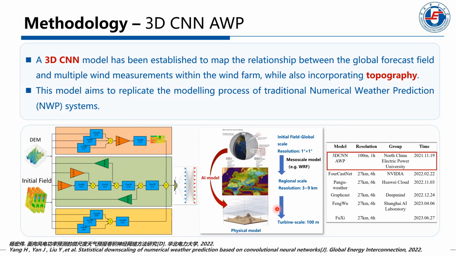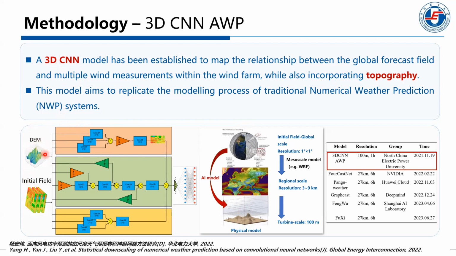But if you hope to do even higher resolution, which is very challenging, here we hope to build an AI model from the global scale directly to the wind turbine level.